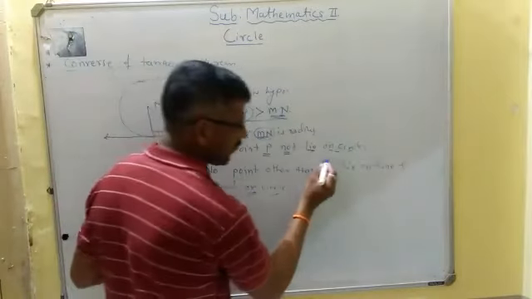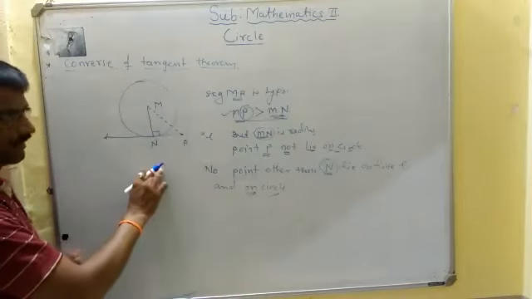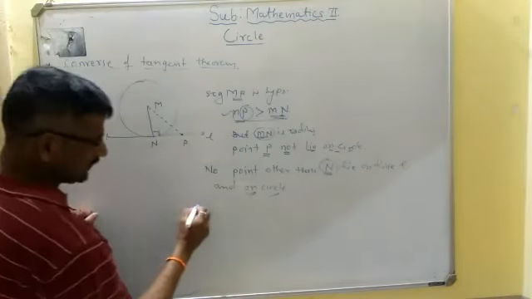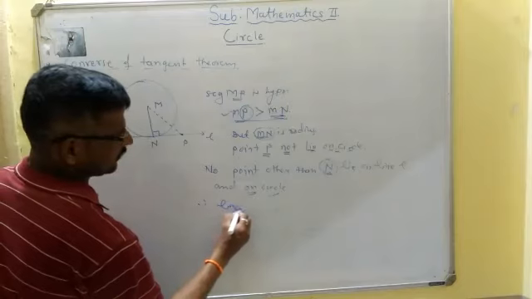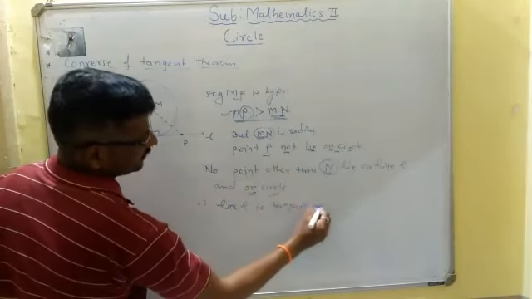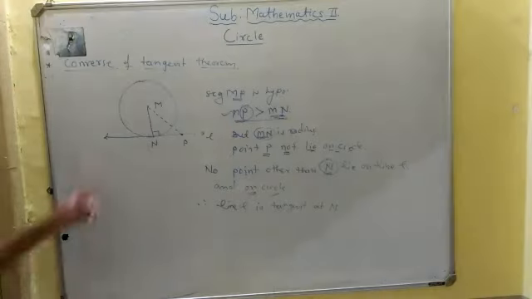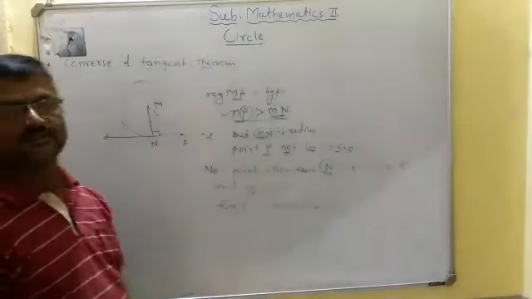That means N is the only common point between the line L and the circle, and henceforth we say that line L is a tangent at N. Okay, line L is a tangent at N. Understand? Hence, the converse of the tangent theorem is proved.